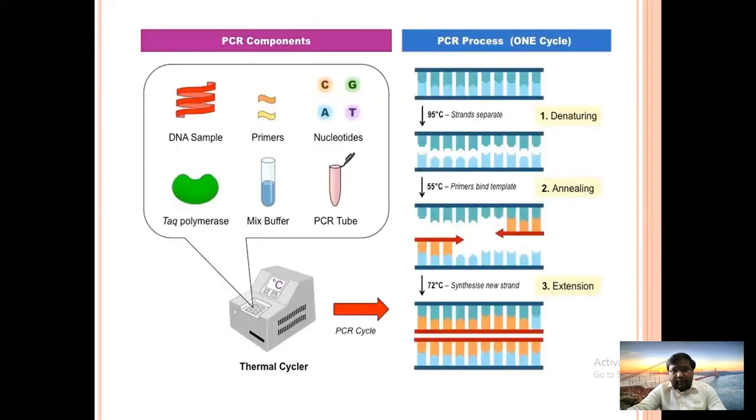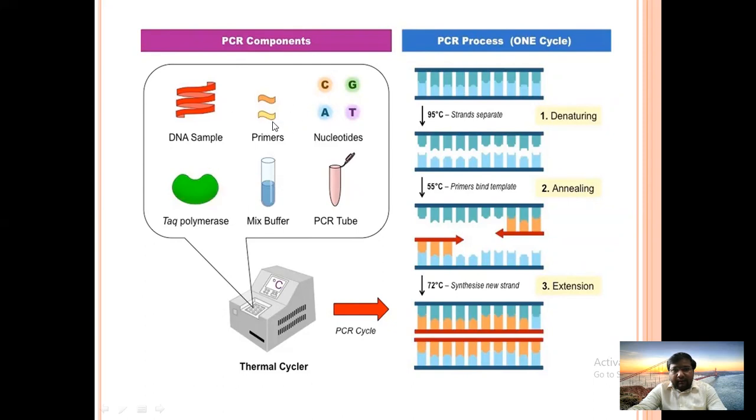So this is the process of polymerase chain reaction, and these are the different components or basic requirements for PCR, that is, DNA sample, primers, nucleotides, Taq polymerase, and buffer.